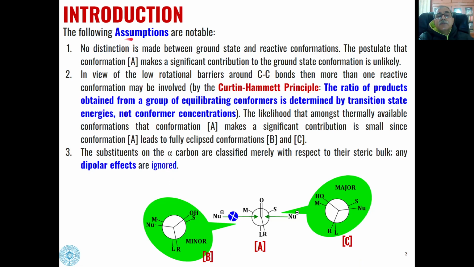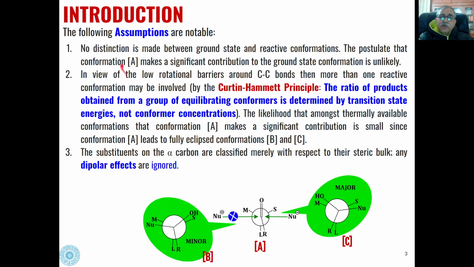Now, in case of Cram's rule, we make a few assumptions. Notable assumptions are that there will be no distinction between ground state and reactive conformations, and the postulate that conformation A makes a significant contribution to the ground state conformation is unlikely.